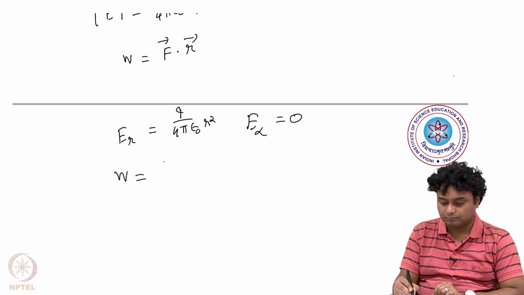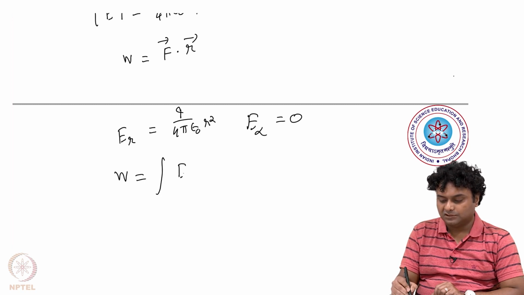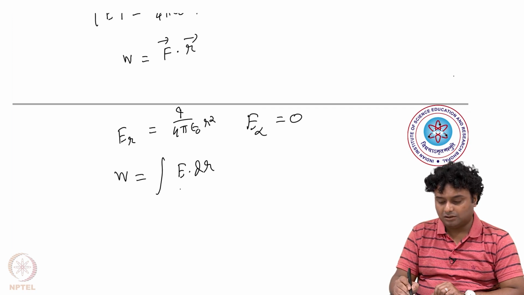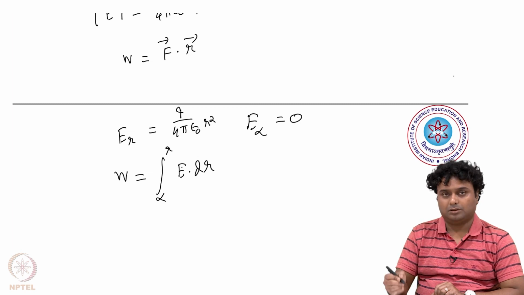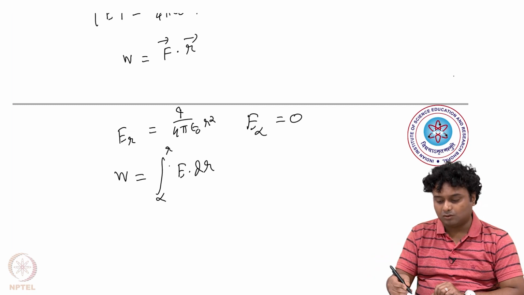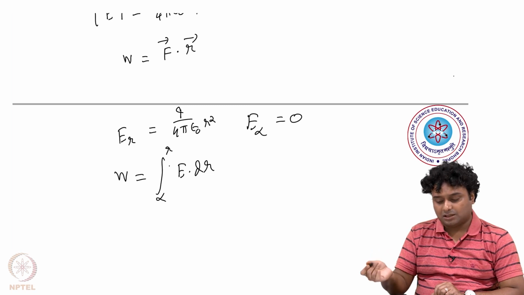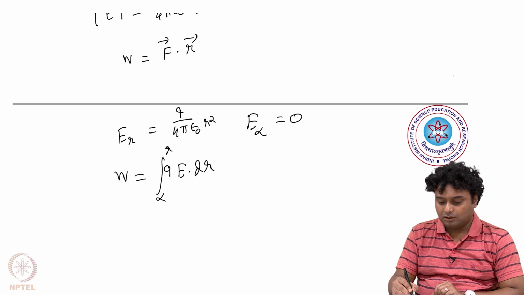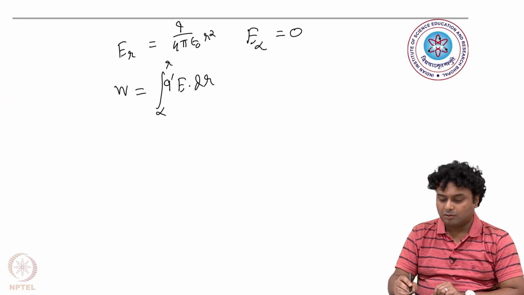So W is equal to the integral of E dot dr, where r goes from infinity to some r. If we consider a 1 coulomb charge, then it is E dot dr. If it is some charge q prime, then I need to write q prime E dr. Now you have already done this.